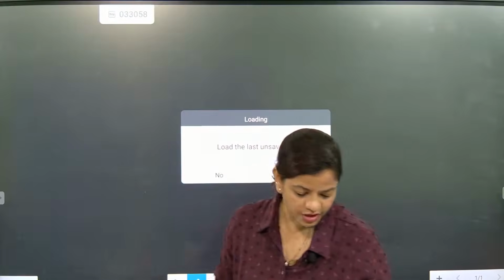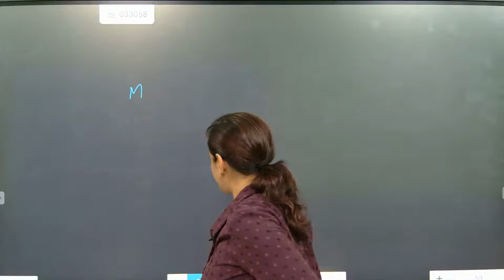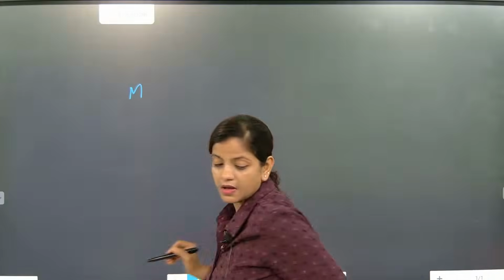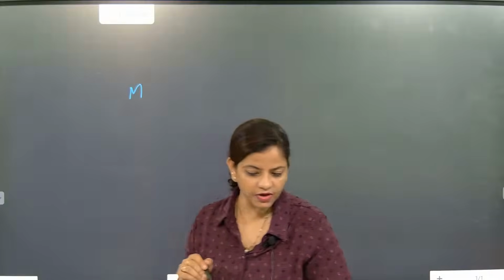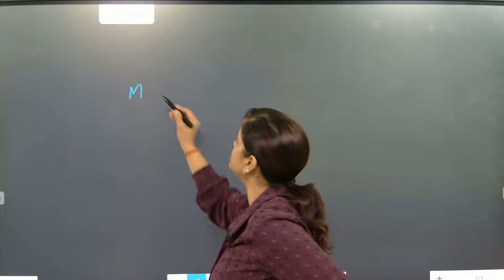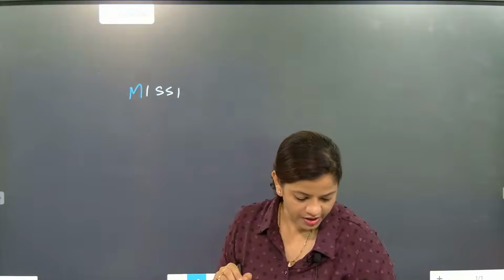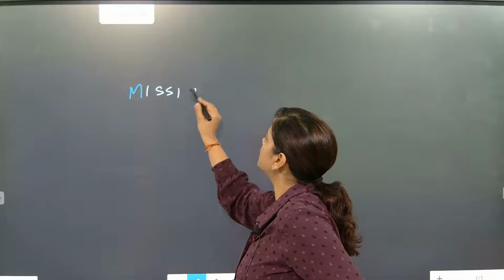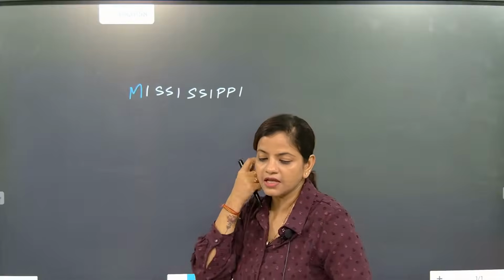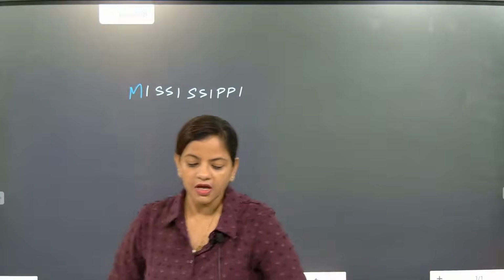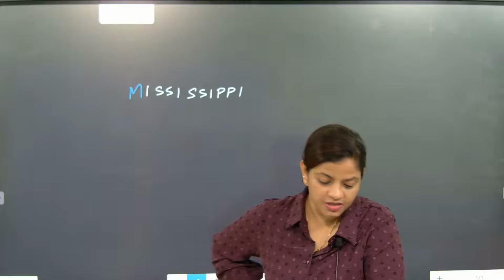Okay, with the letters of the word Mississippi. So let's check this one out. M-I-S-S-I, so this is exactly the letters of the word Mississippi. Now, how many words can be formed with the letters of the word Mississippi?